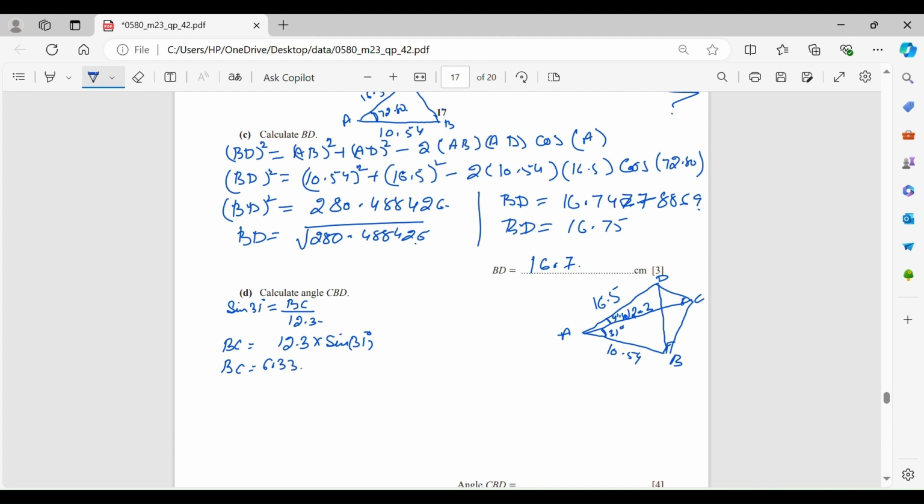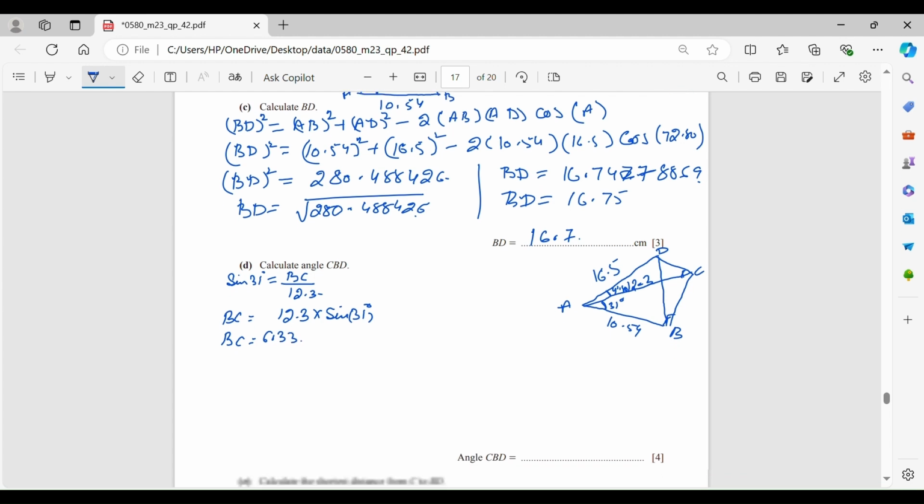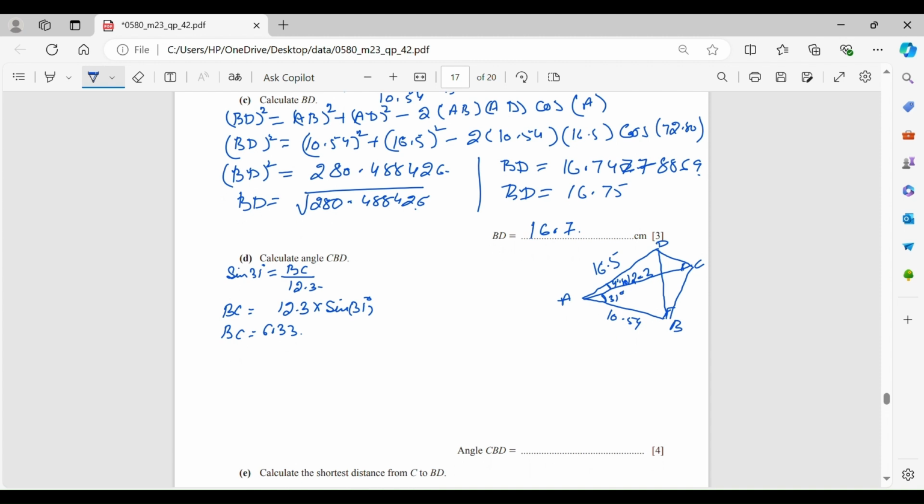6.33. Now for CD, same way we will find the CD. For CD, sine 41.80 will be equal to CD over hypotenuse. Hypotenuse is 16.5, right?